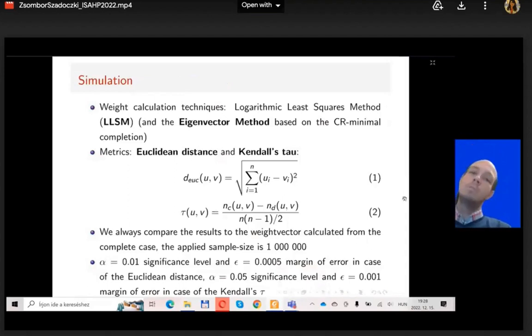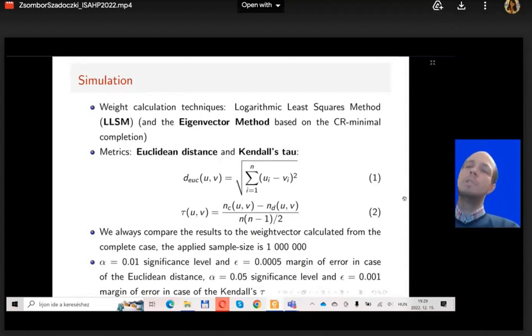Okay, so we used simulations to find the optimal filling in patterns. So basically we generated a consistent pairwise comparison matrix. Then we used different levels of perturbations to get different levels of inconsistency, to get inconsistent pairwise comparison matrices. And then we deleted some elements to get the given filling in pattern that we were examining.